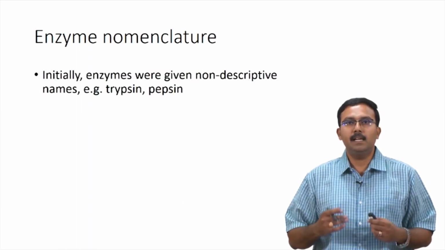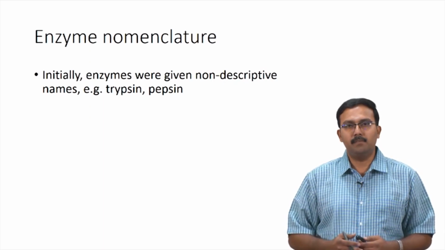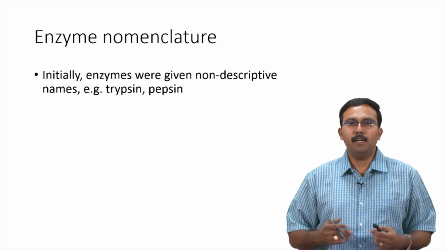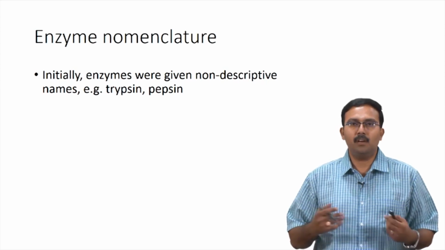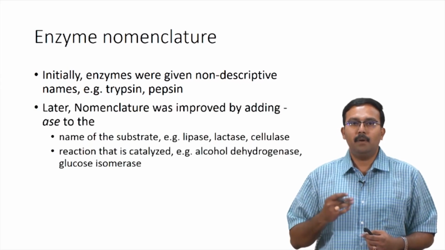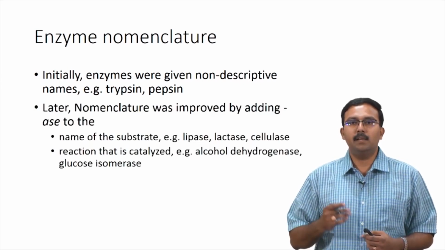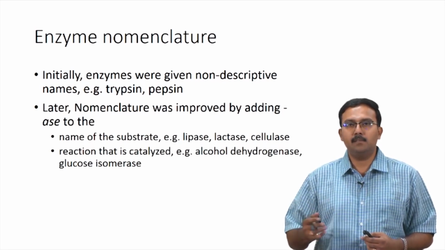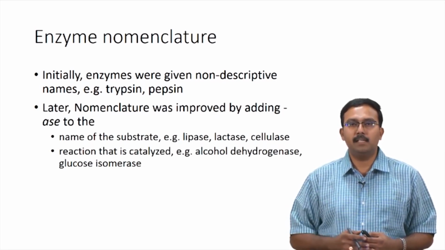Initially enzymes were given non-descriptive names such as trypsin, pepsin, etc. Over a period of time people realized that this was not a very useful way of naming enzymes. So, they started having a new nomenclature where they added "ase" to either the substrate or the reaction that is being catalyzed by the enzyme.